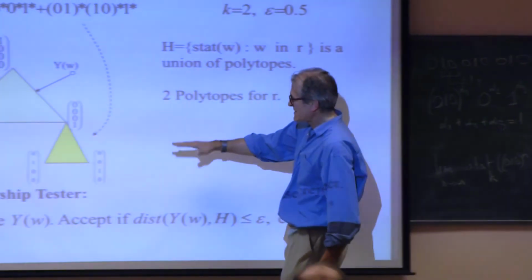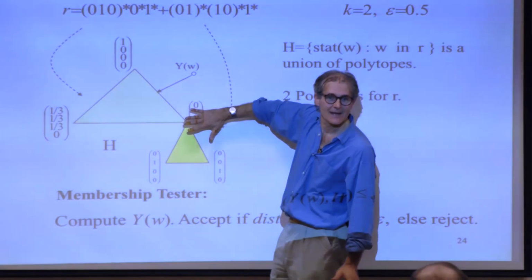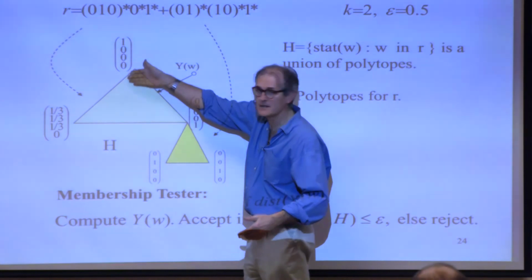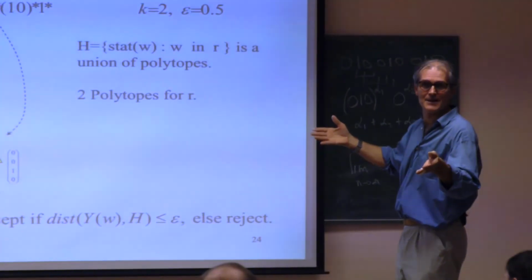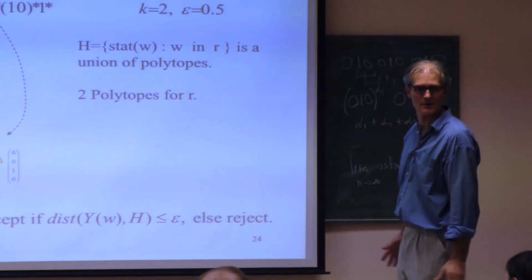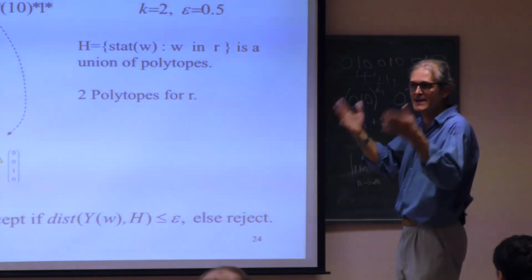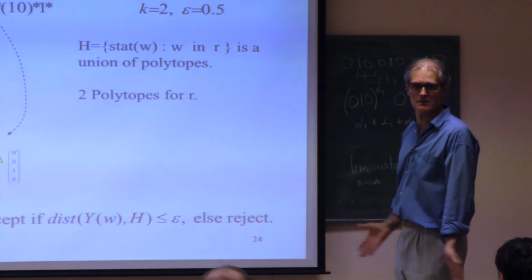But the dimension here of this structure is totally finite. It has nothing to do with n. The dimension depends on the size of the alphabet, and depends on k, but n is gone. So therefore the number of queries is finite. Usually 1 over epsilon square.